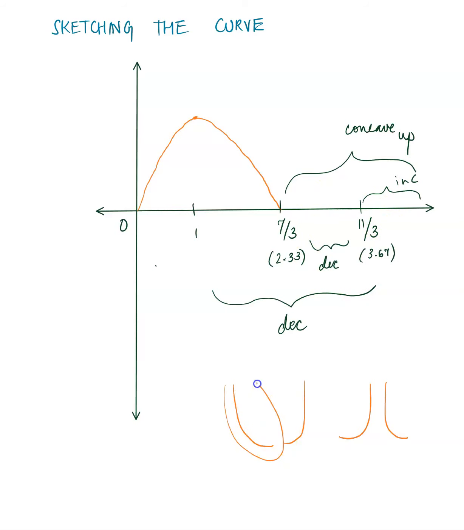So decrease is this, because from left to right, if you look at this graph, it's falling. And then that's decreasing, and then from 11 over 3, it's increasing. But both are pieces of the concave up. So you know that this has to go down. But at 11 over 3, it has to make the turn, because that's where you have the horizontal tangent line, and then it's increasing.